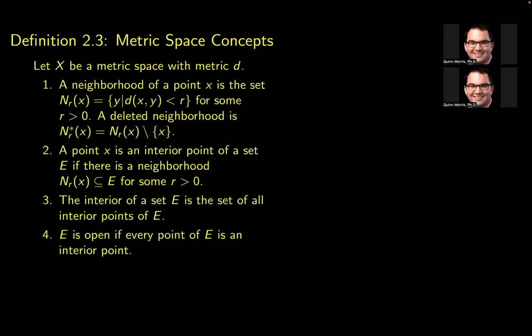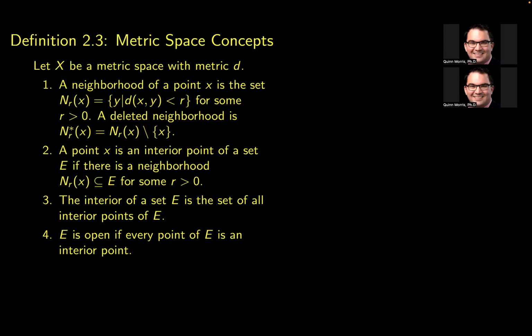Now, we're going to run through a number of different concepts related to a metric space. These are really all going to be definitions. I'm going to spend some time walking through each of these. In fact, it sort of spills over onto the next slide. But these are all things that we want to define if we have a metric space X with the metric d.